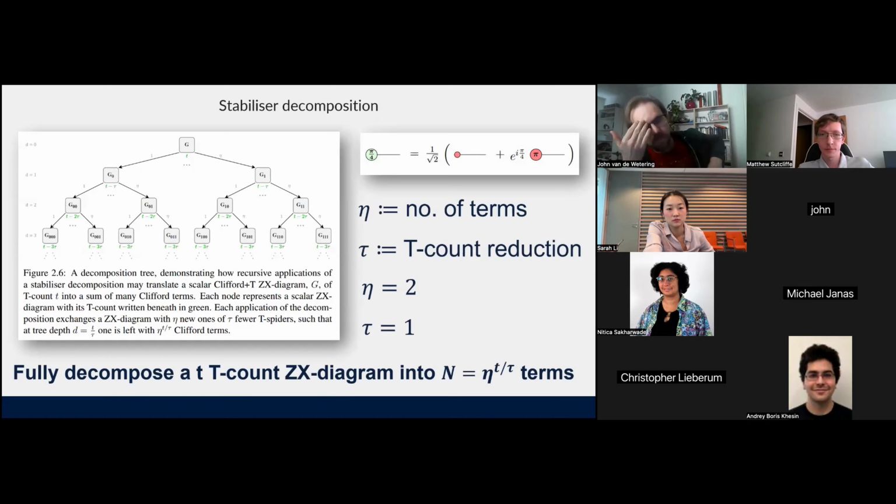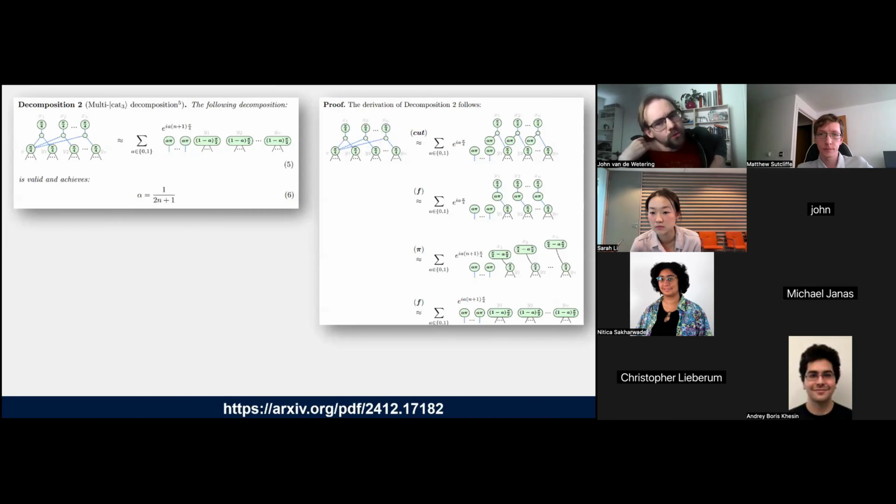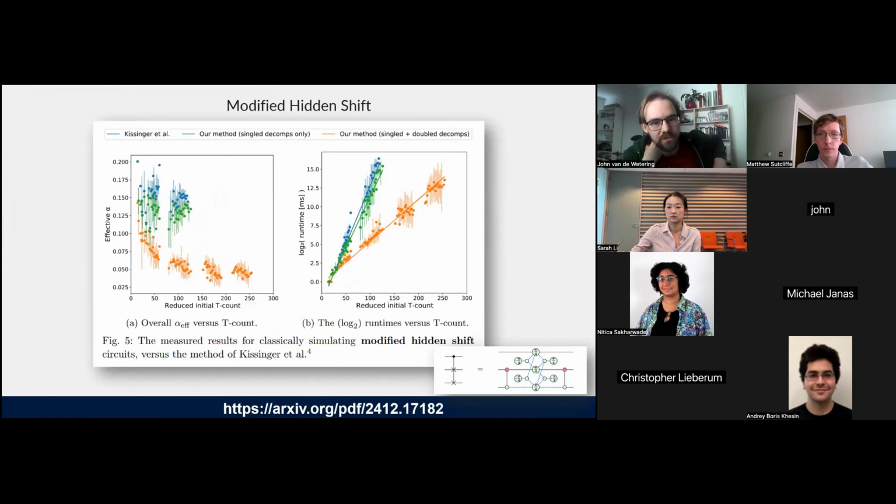I had a question about the figures, the results at the end. You were comparing reduced T count, right? So you were doing the initial optimization step and not including the T gates that were trivially removable. Yeah. Okay, cool. I was wondering why these orange lines are so interrupted, but I guess you start with a fixed number of Toffoli gates and then you optimize them, and this creates a slight band of gates. Yeah, exactly.